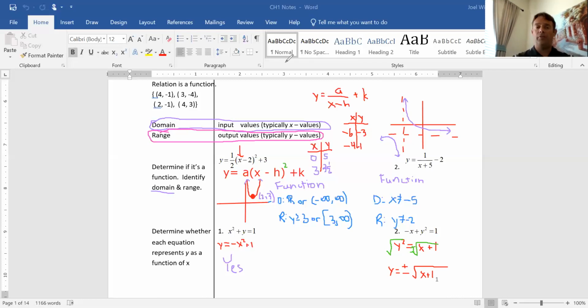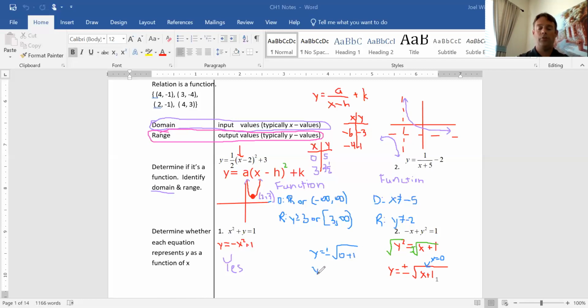Now, I want you to think about this for a second. Let's pretend we're putting a number in here. So what if I were to take a number, let's let x be equal to 0. If I were to take 0 and plug it in, what would I get? Now, I'd get y equals plus or minus the square root of 0 plus 1.